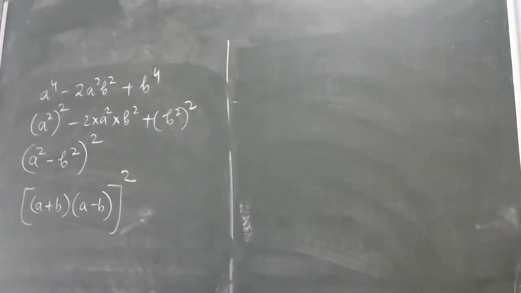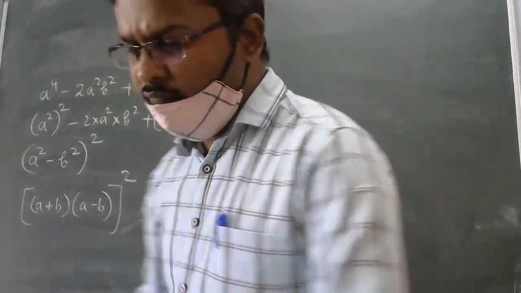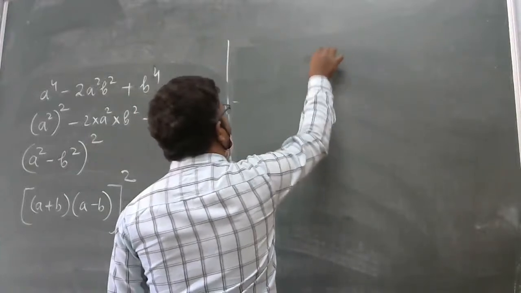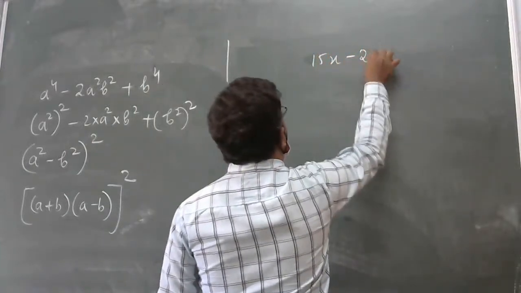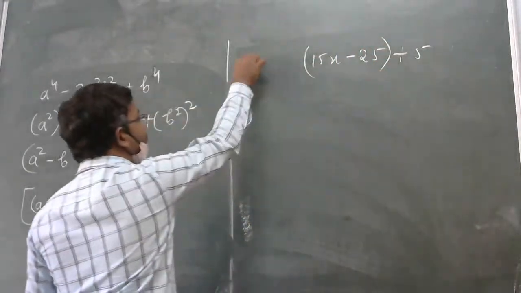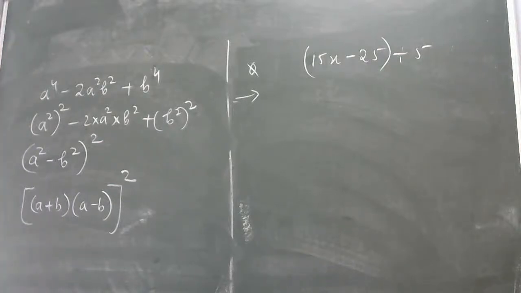So next you are having division. So 15x minus 25 divided by 5.